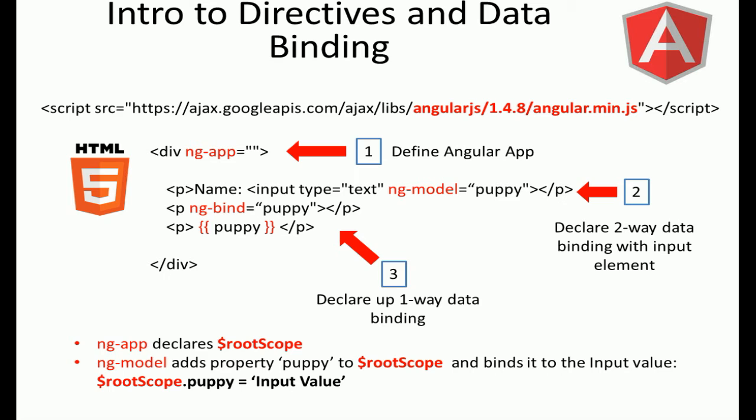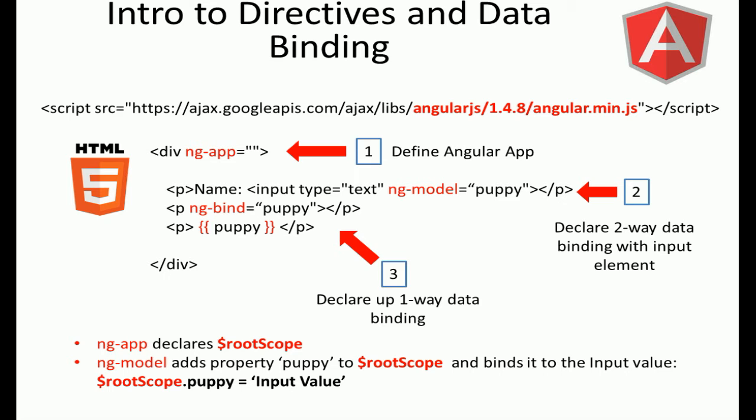If this property named puppy is not already declared on the root scope object, it will be with the help of the ng-model directive. Whatever value the user types into the input element text field is assigned to root scope.puppy. This is an example of data binding as the input value is bound to the root scope. In the other direction, whatever value finds itself attached to root scope.puppy will automatically populate the input field in the UI.